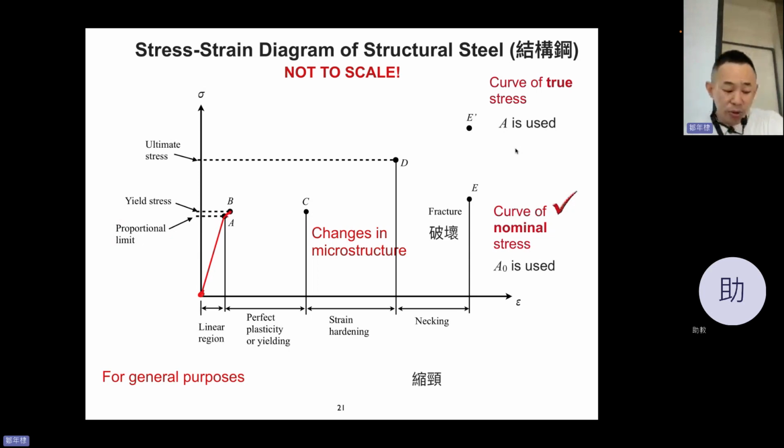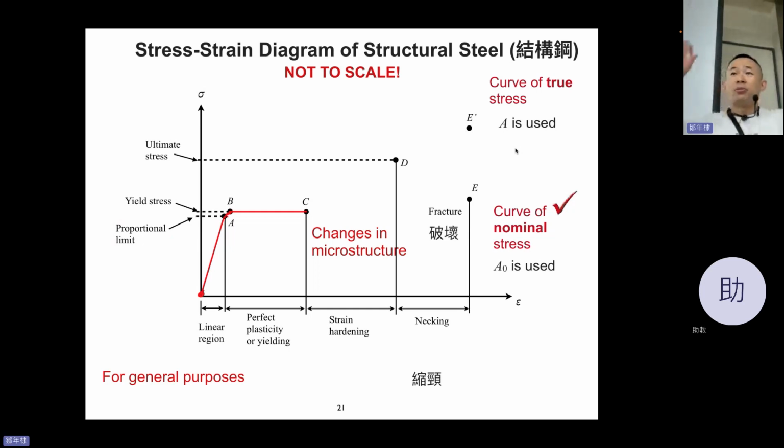After the proportional limit, it will soon arrive at the yield stress, which means that they are not elastic anymore. What is elastic? Elastic means that after unloading, it will go back to the original shape. But after the yield stress, you are destroying the material, or some defect occurs inside it. So it starts to yield.